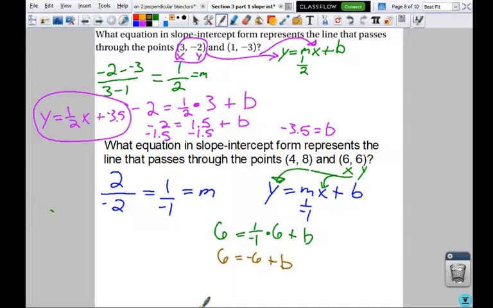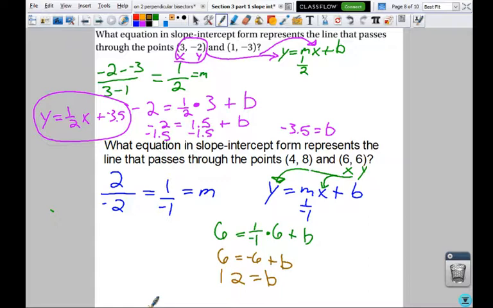And almost done. Luis, what's my next step? Yep. And what do I get after I add 6 over here? 12. I get 12 equals b. All right. I've done all the work, but I have to write my final answer. Beto, what's this final answer going to look like? What's your final answer in this problem?